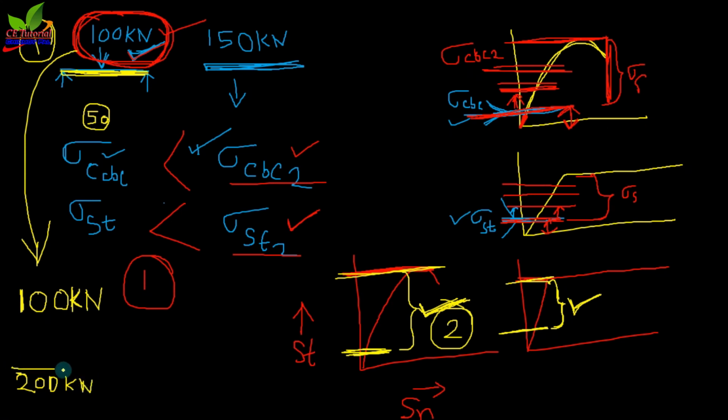Because we assume 200 kilonewton load and design the structure, this beam will never experience 200 kilonewton. It will always be below 200 kilonewton, and in 50 years, say 100 kilonewton is the maximum load.